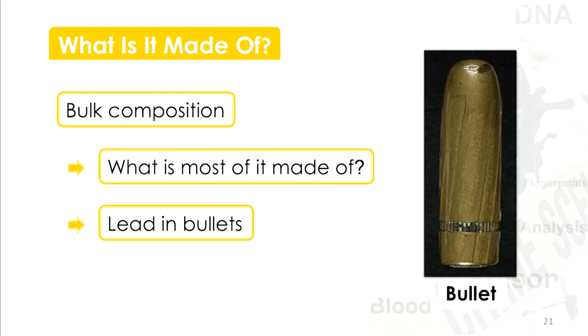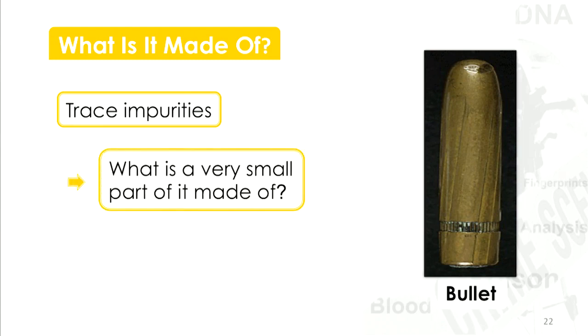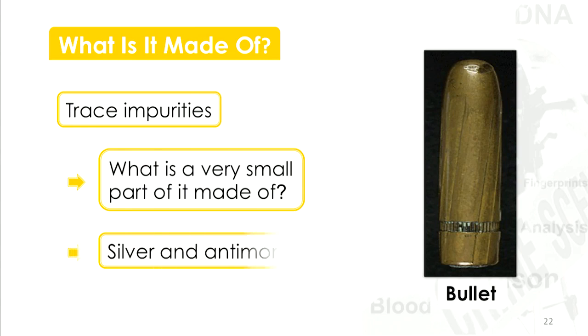And it may be well over 99% lead, but the bulk composition is not the whole composition. Any object will contain small amounts of trace impurities. So alongside the lead that makes up this bullet, there will be very small amounts of impurities. And in the case of lead, common impurities might be the elements silver and antimony.